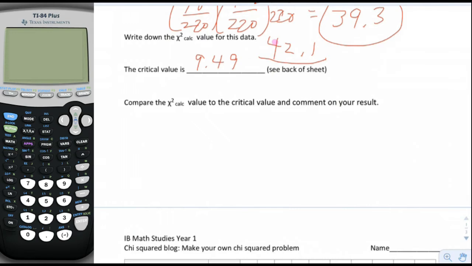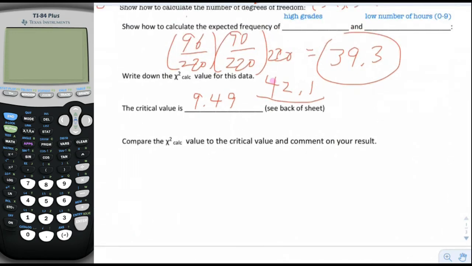Okay, and then we're going to compare the chi-squared value to the critical value and comment on our results. So our chi-squared value is 42.1, and it is greater than 9.49. And remember, if the chi-squared value is greater than the critical value, then that means we reject the null hypothesis, right?